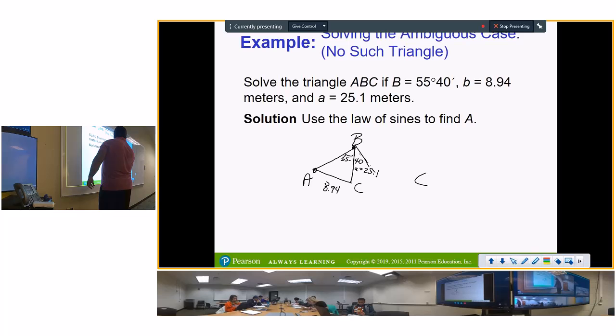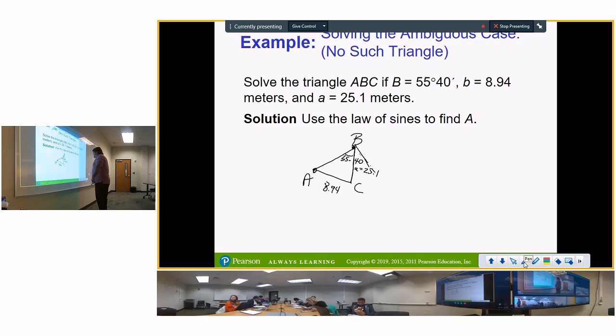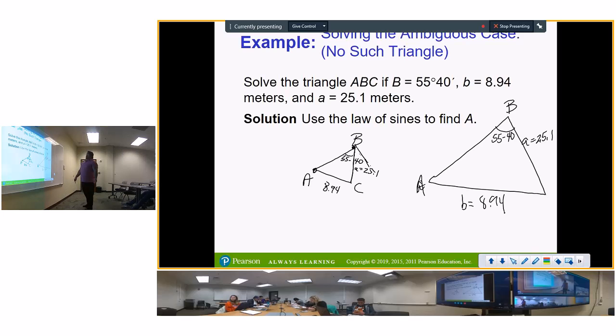I move this out of the way because now I'm going to draw a bigger picture. Okay, I've got A, B, C. This is big A, I'm sorry. This is little a is equal to 25.1. And I've got 55.4 degrees here. That's B. And then I've got b is equal to 8.94.